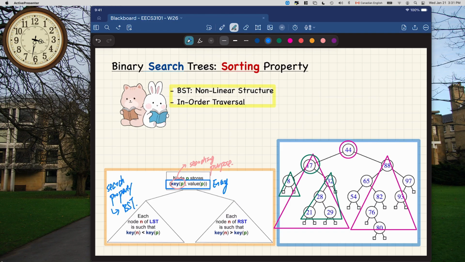And there's another property called the sorting property. Once you have a binary search tree, there's also a so-called sorting property. What does that mean? Given a binary search tree, which is nonlinear, if I try to linearize it using the in-order traversal, what would I get?